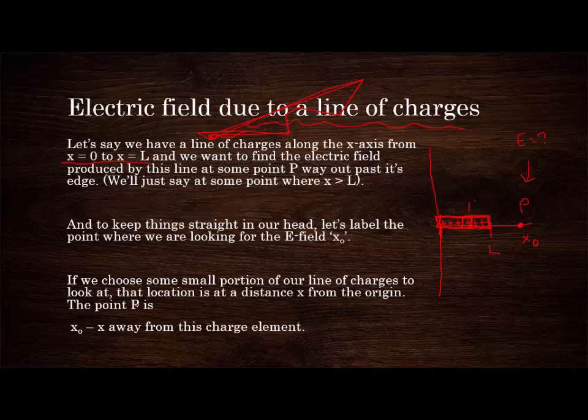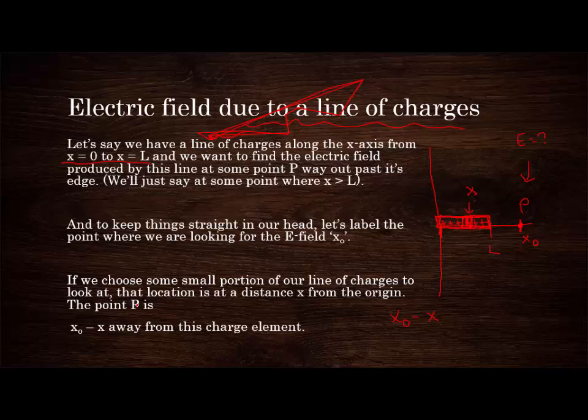We can say that this tiny portion is at some spot along the x-axis that we're going to call x. And the distance from here to here is x naught minus x, of course.